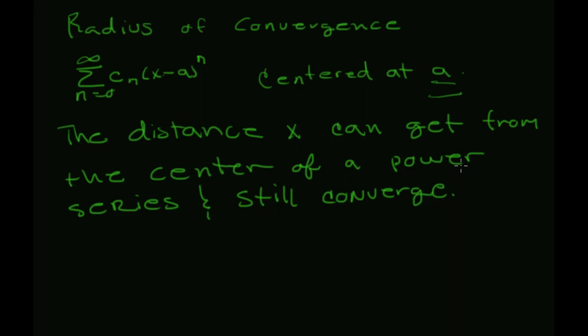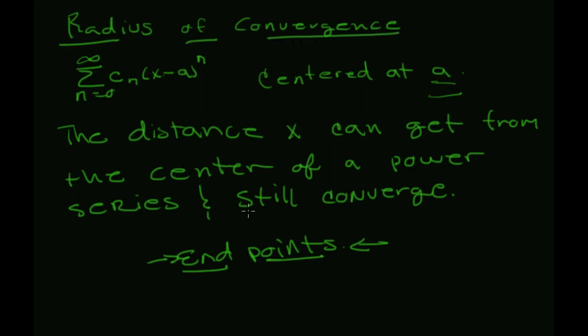Now, that gets tricky because that is how far you can get from the center, but then we have a matter of the endpoints. So we're going to have to test the endpoints in a different way. We'll be able to determine the radius of convergence fairly simply, but then I want to test those endpoints, and I ultimately want to come up with what is called the interval of convergence.